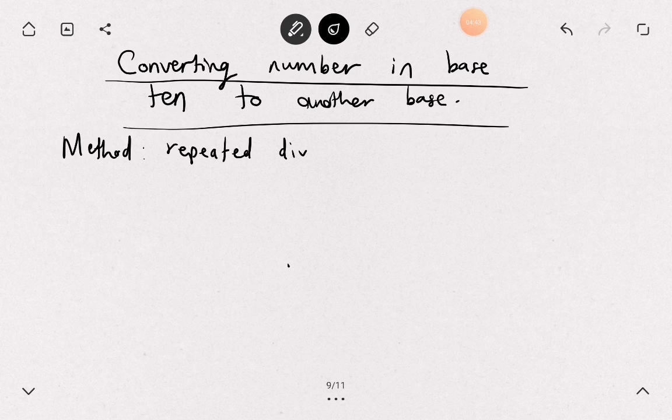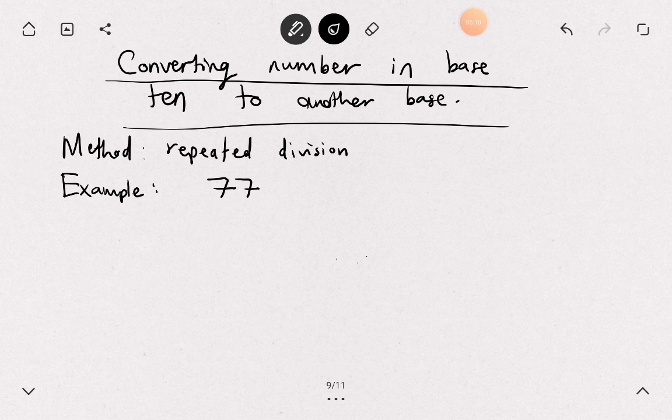I think the meaning is pretty direct. It's very straightforward, right? Repeated division meaning you divide the number repeatedly. So let's take an example. Say I have the number 77.